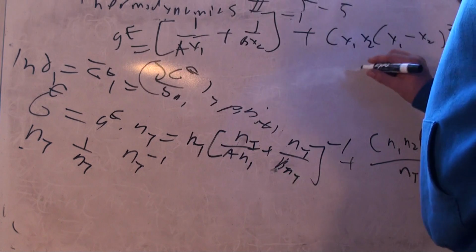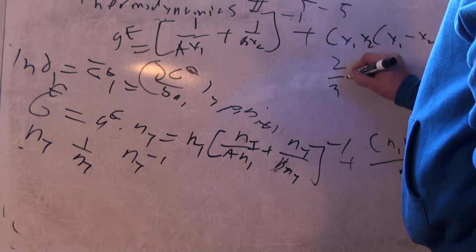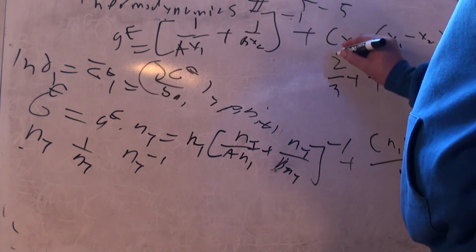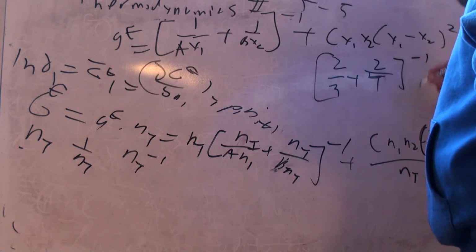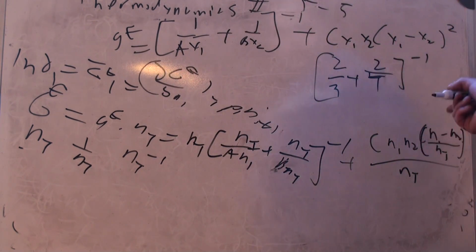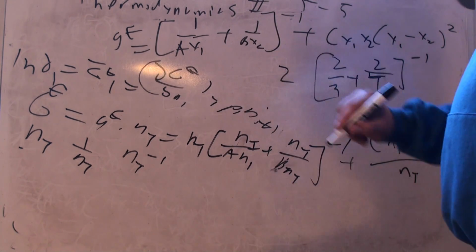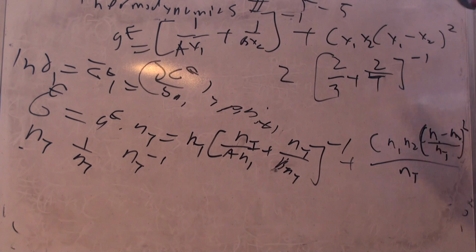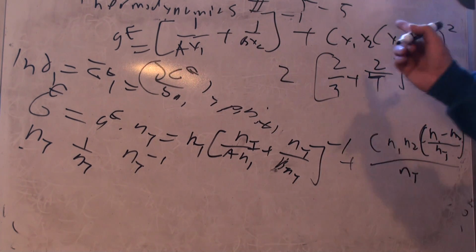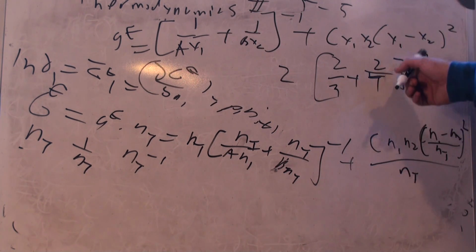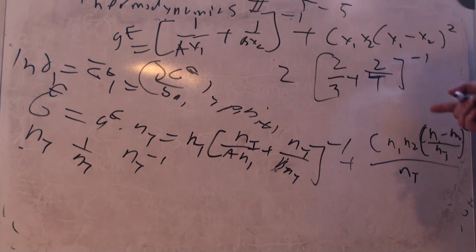Let's test that out. Let's say I have 2/3 plus 2/4, all to the minus 1, and I'm trying to multiply this thing by 2. Will this become 1/3 plus 1/4? Let's do that math in my head really quick. The common denominator in this case is 12.